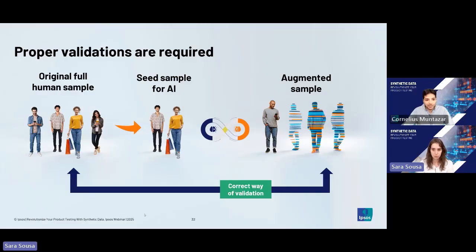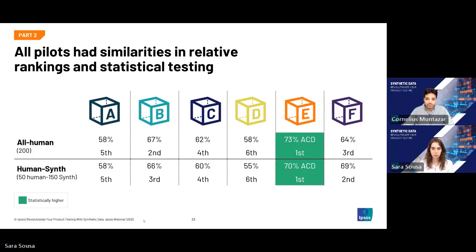If the experiment succeeds, that would give us confidence in the predictive validity of our approach. And so the main question we wanted to answer was, would we make the same business decision with the augmented sample compared to the full human sample? This validation process itself is really crucial for us.